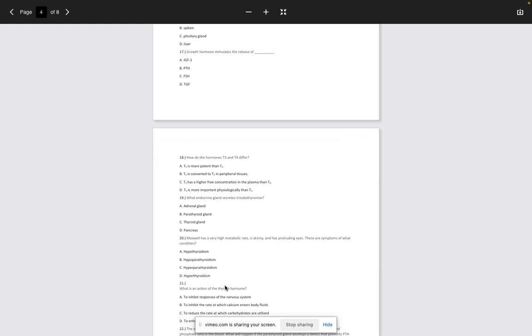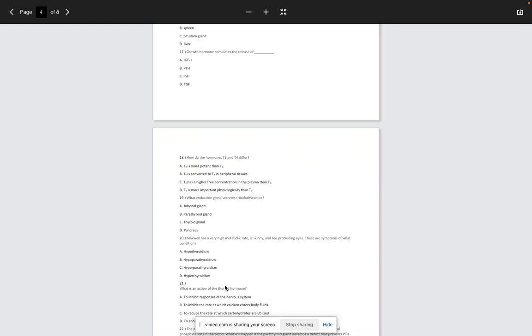Negative feedback, right? It'd be low. So if T3 and T4 are elevated, because of that negative feedback, TSH has to be decreased, right? What condition does he have? Hyperthyroidism. So 20 would be D.